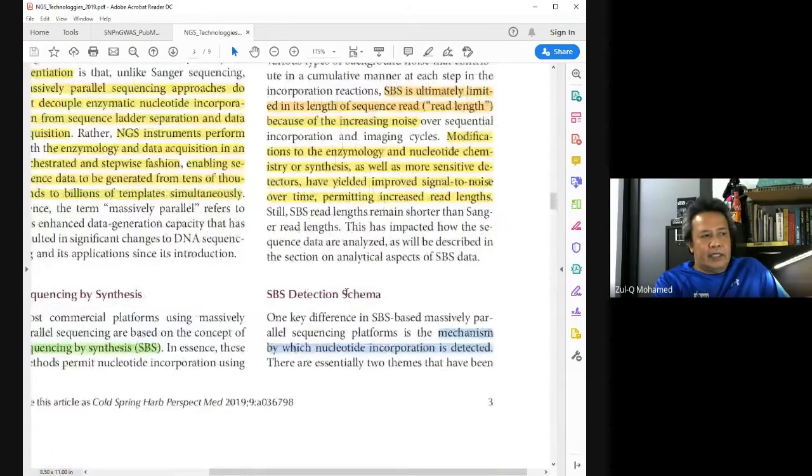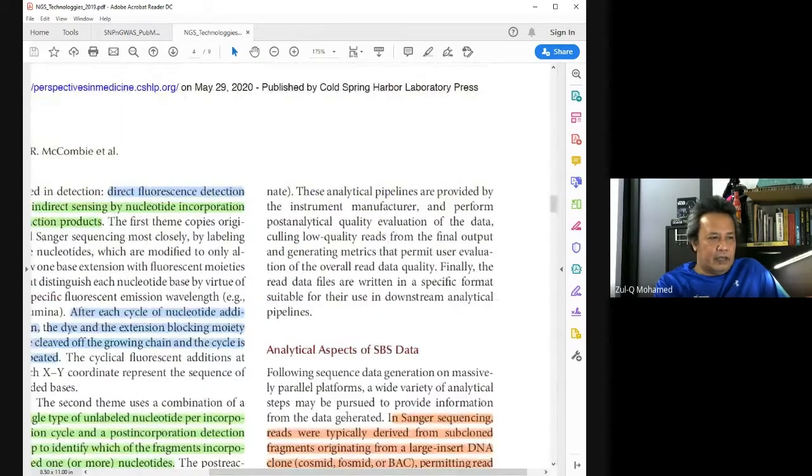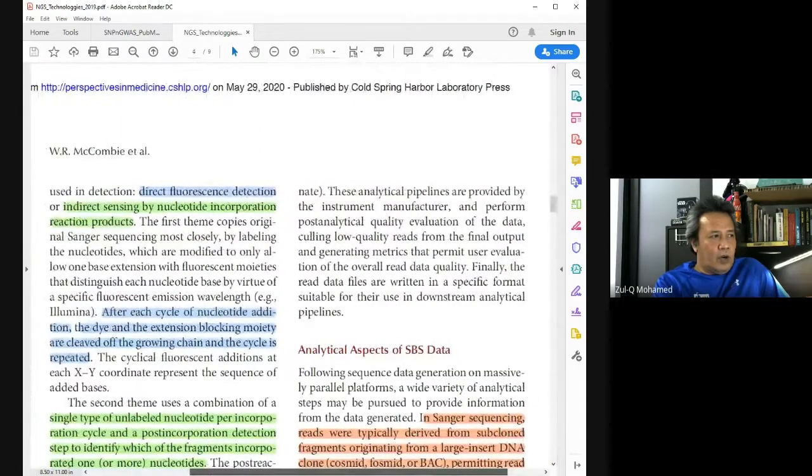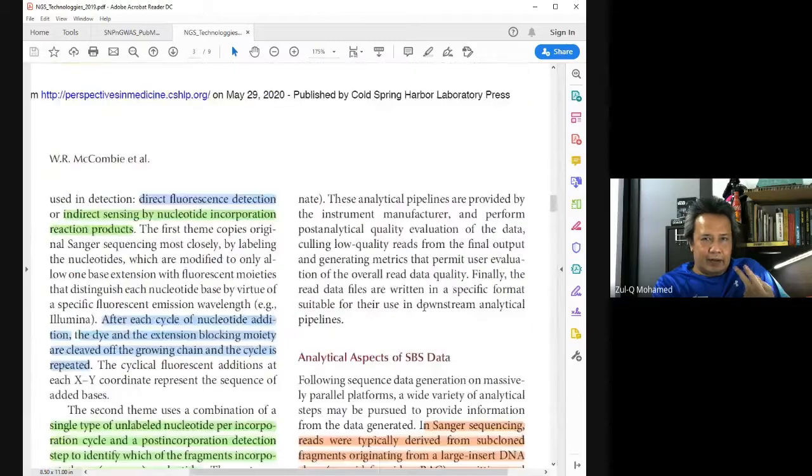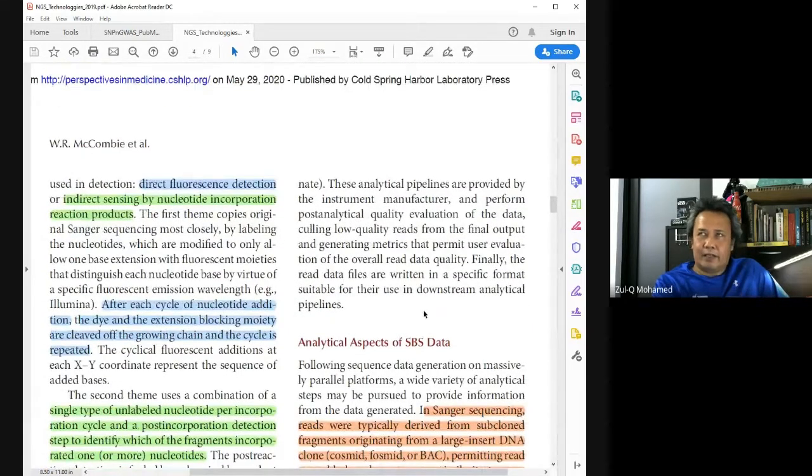And then the next section is called detection schema. So how is it detected? There are two main detection strategies: one is direct, the other is indirect. Direct means you directly look at the activity of the polymerase.